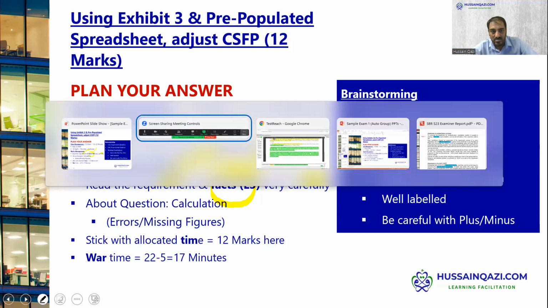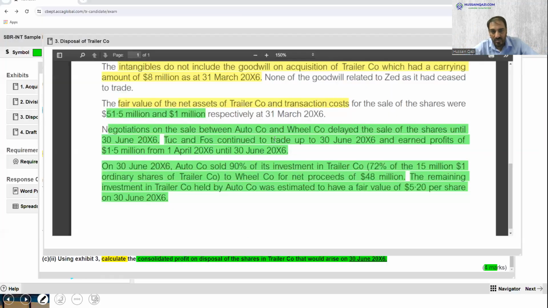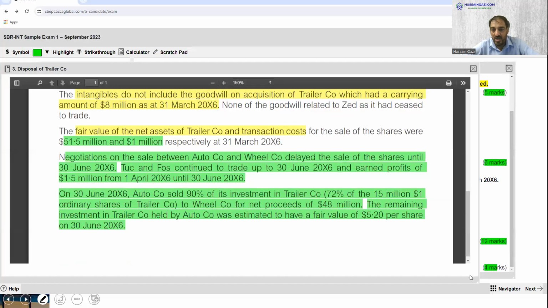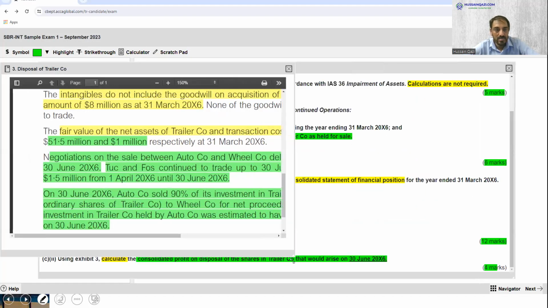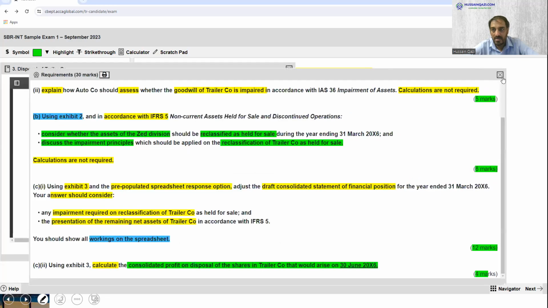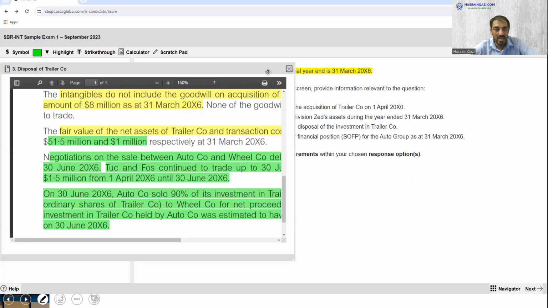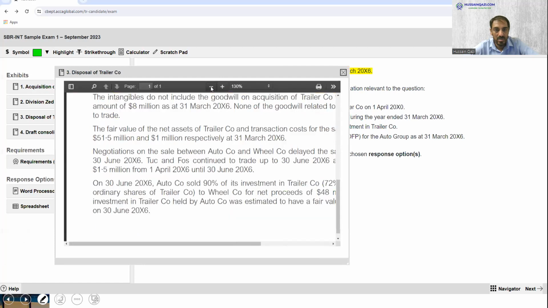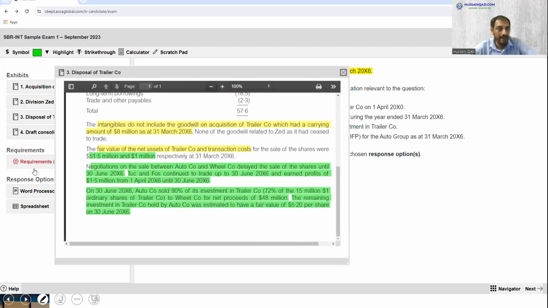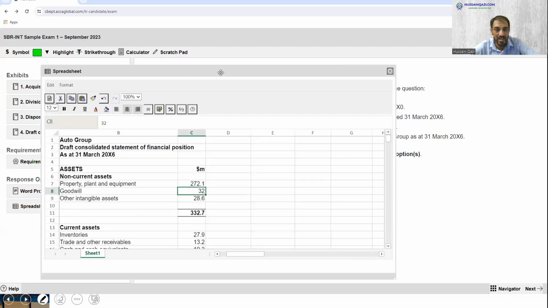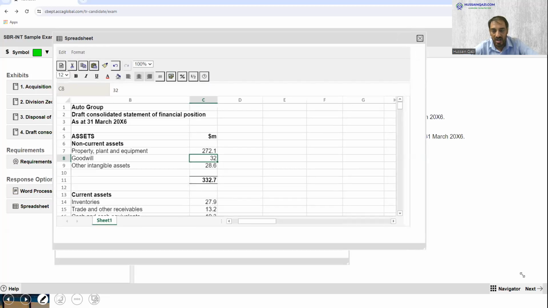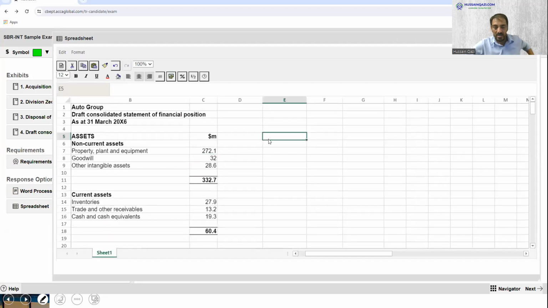Now come on. Okay, this is the point. Close unnecessary windows. And this is a spreadsheet. Start working with the spreadsheet.